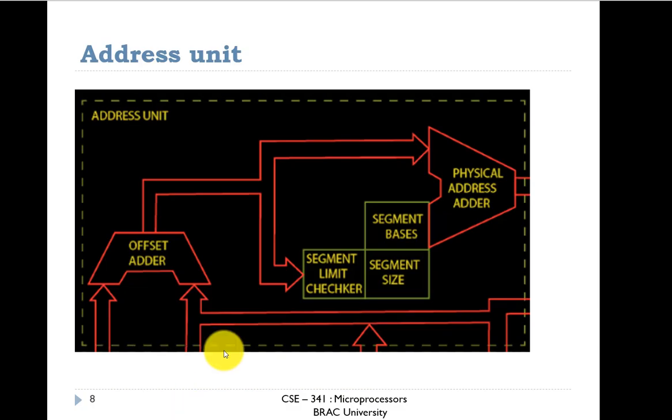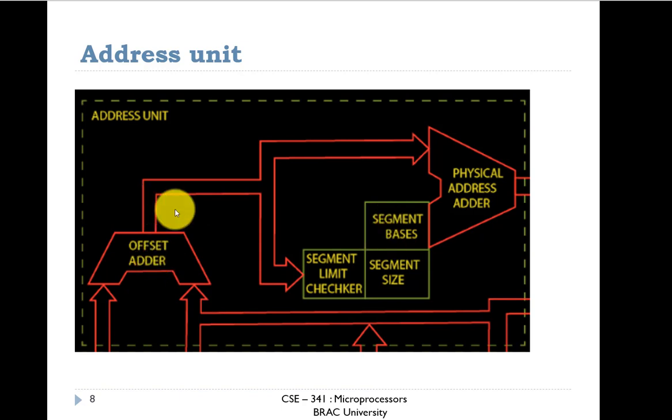As you can see here, in this processing unit, there are various blocks. The physical address adder uses the 20-bit or 24-bit physical address depending on the mode in which the microprocessor is operating. The inputs to this physical address adder are the offset adder and the segment bases. Segment base is nothing but the address of the segments in the memory.